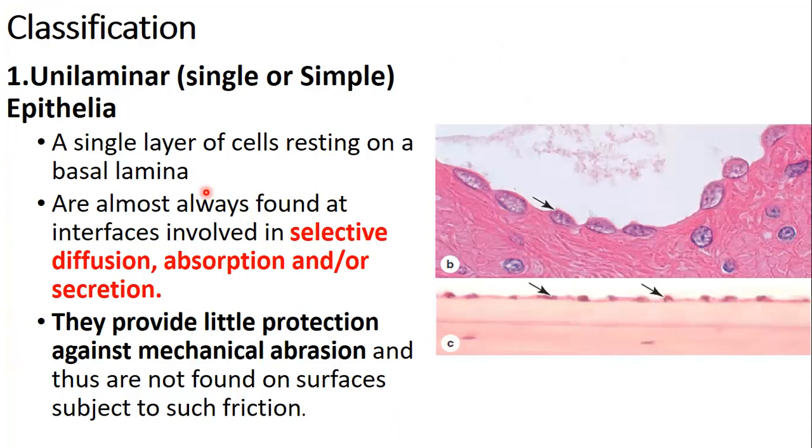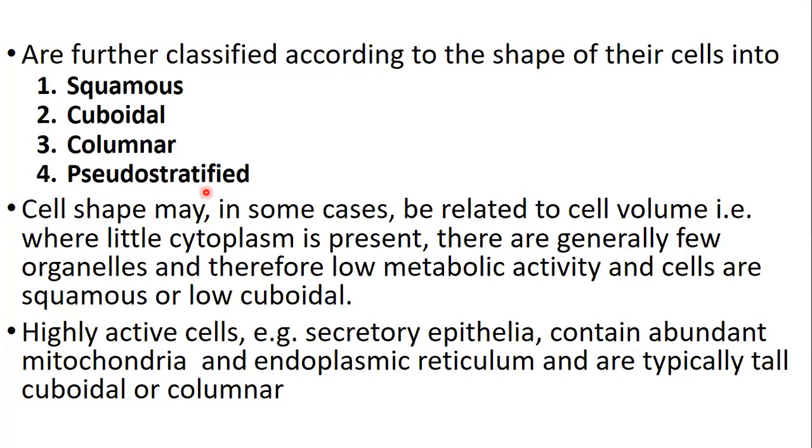Let's look at another system of classification, which is based on the shape of cells. So we are going to system number 2. So when we are considering shape of cells, there are 3 types of shapes of cells.